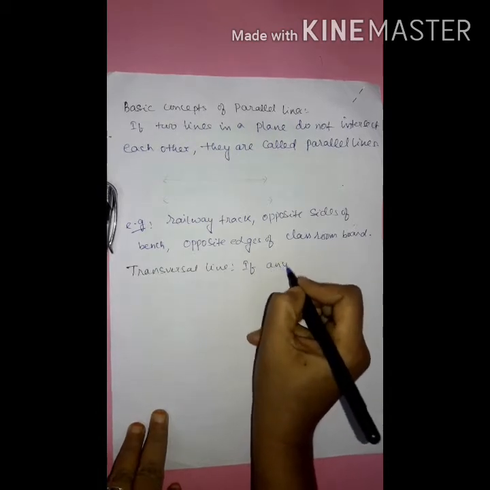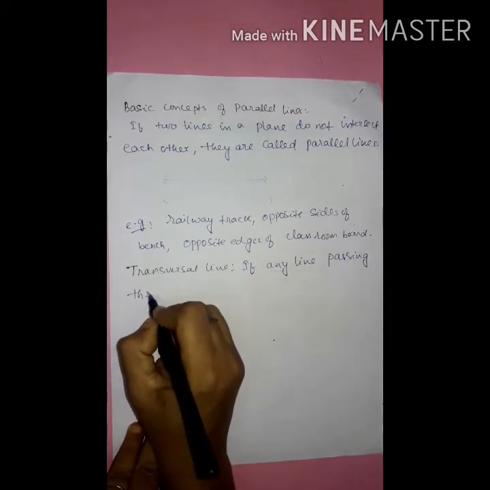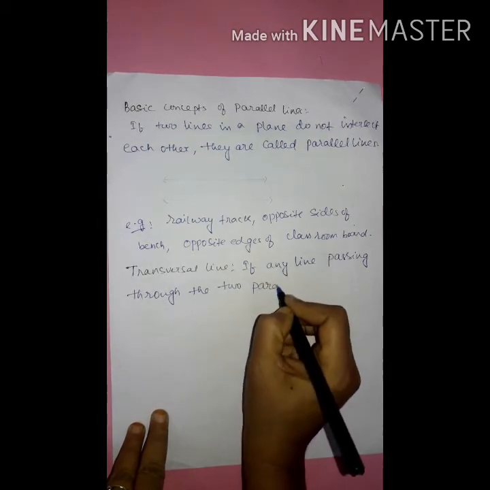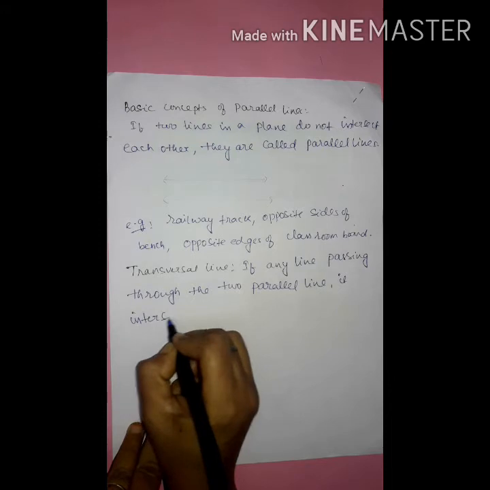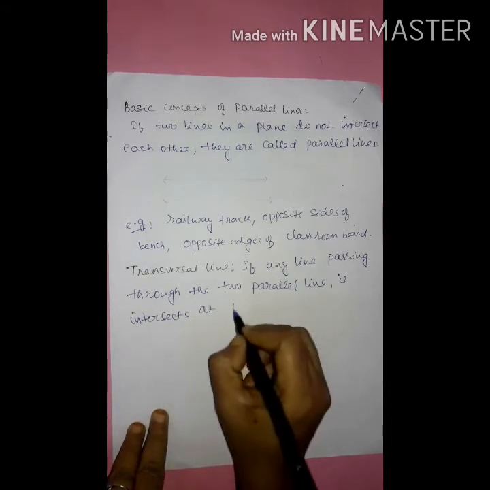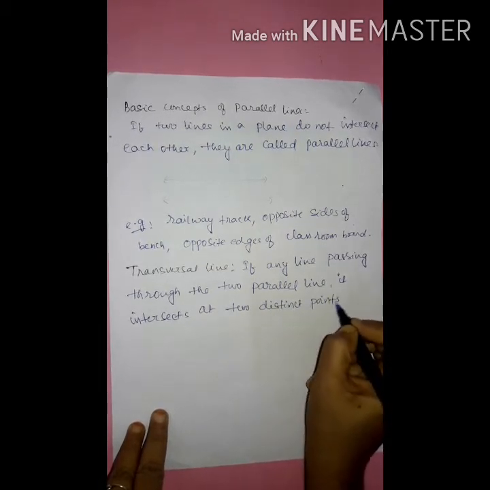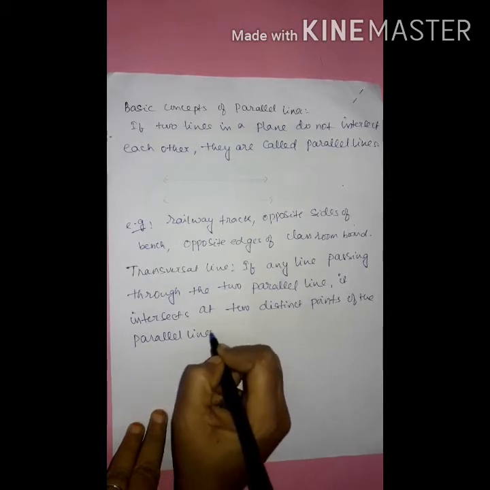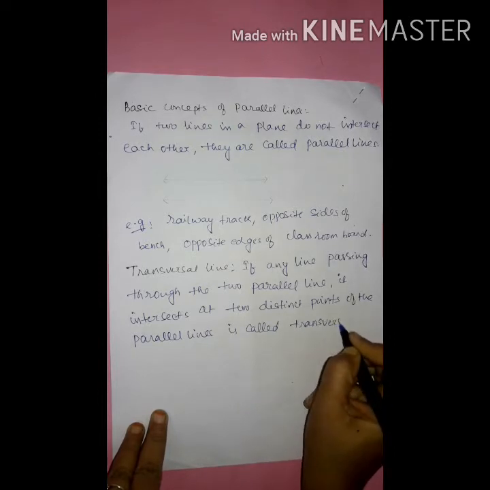If any line passing through the two parallel lines intersects at two distinct points of the parallel lines, it is called a transversal line.